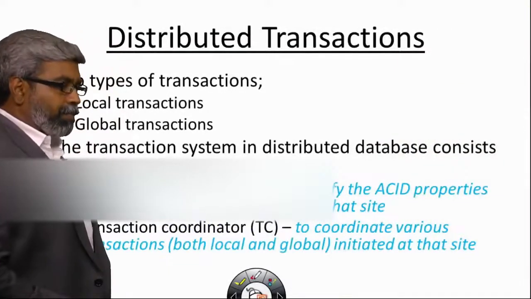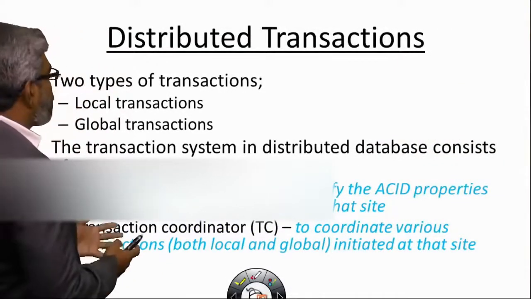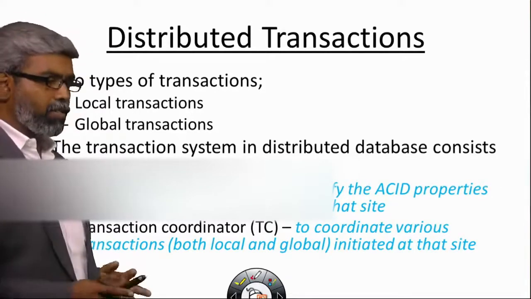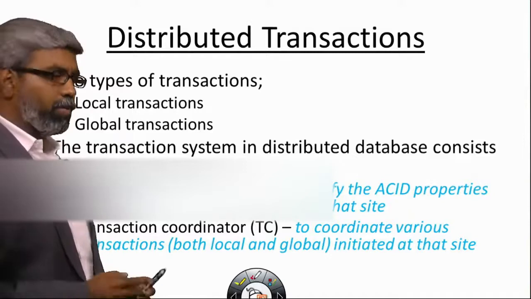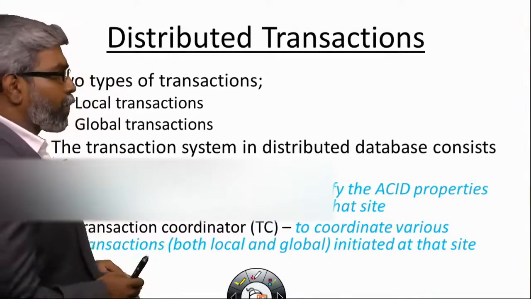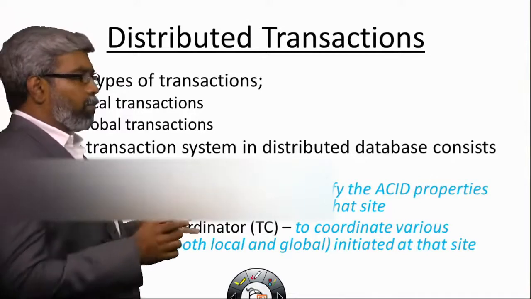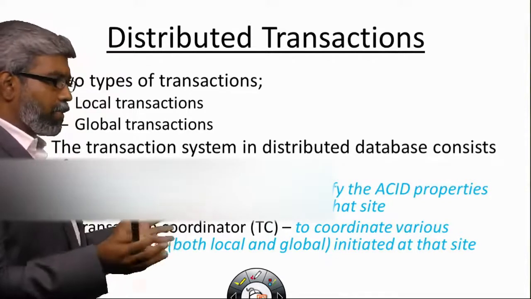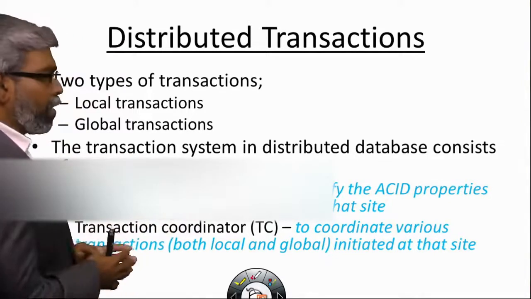Distributed transactions. When it comes to distributed transactions, we have 2 types of transactions. One is local transaction, the other one is global transaction. In a local transaction, assume that I have 4 different sites and I can access my data from any of these sites.